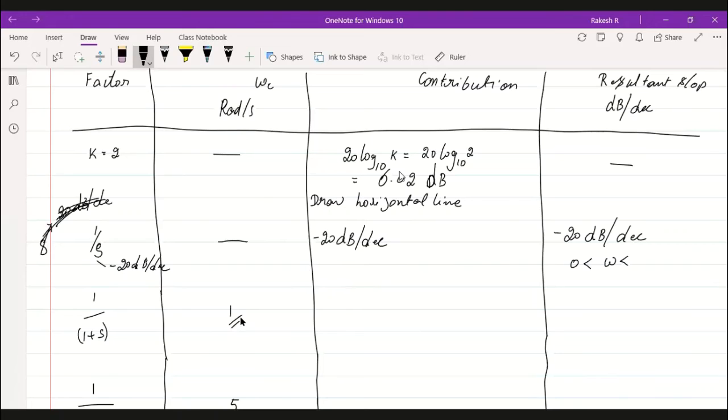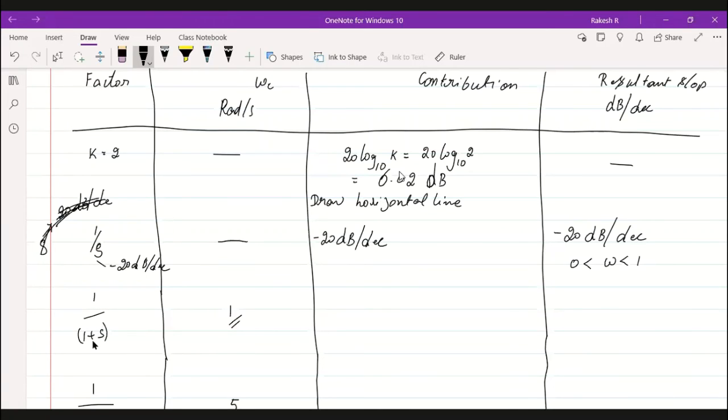So omega is lying in between 0 to 1. This is the minus 20 dB per decade line for 1 divided by S. Got this one? Can go with the next.